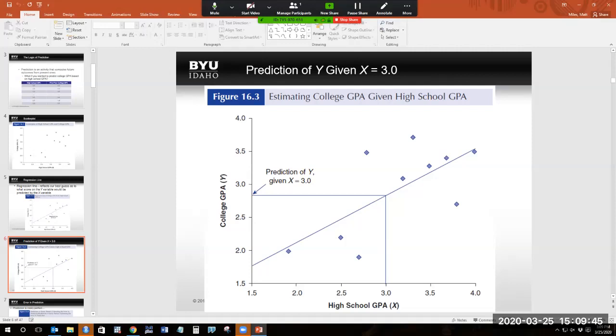Just draw the line. Now you might say, that seems very simplistic and silly. And I will say to you, it doesn't matter. That's what we do in statistics. 80% of everything you see in published journals is based on drawing a line like this and making some prediction. So how do you know which line to draw?